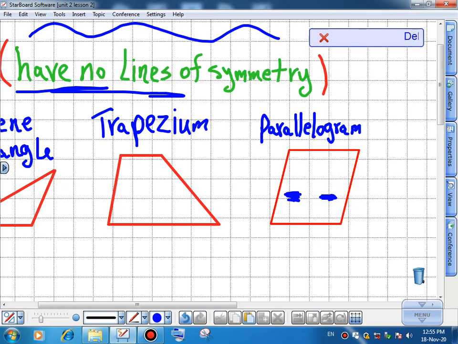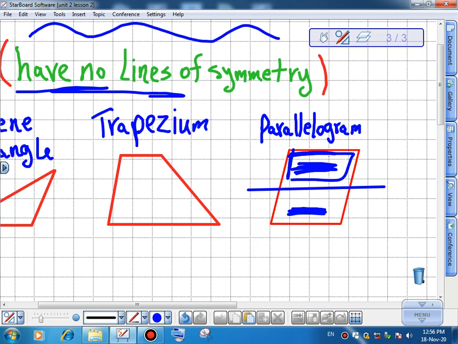And if I try another line like this, I see that the first part looks similar to the lower part. But if I put this part on this part, it will be different.